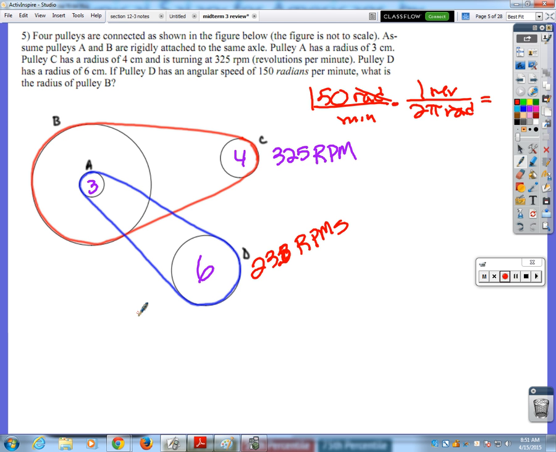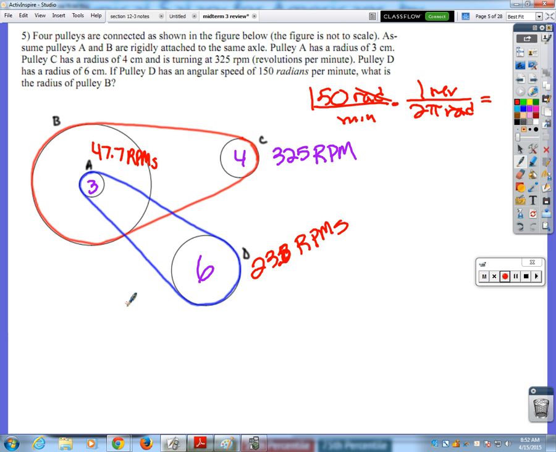This is going twice as fast, since the little guy's got to go really fast to keep up with the big guy. So twice 23.8 is what? 47.7? 47.6, okay. Since these are on the same rigid axle, this one is also turning at 47.7 RPM.